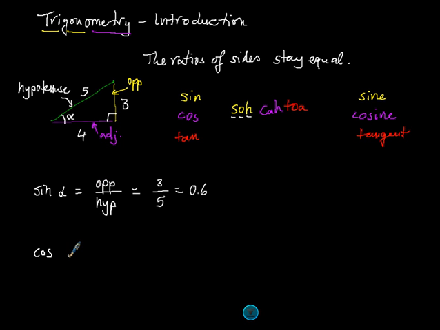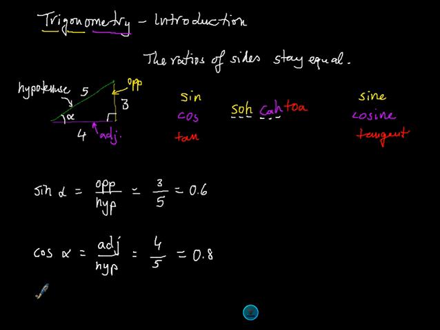Similarly, I have the cosine ratio. The cosine ratio is adjacent over hypotenuse. That's where these letters come from. Adjacent over hypotenuse for the cosine. And now I need to go and find these. The adjacent is 4 and the hypotenuse is 5. 4 divided by 5 is 0.8. That is my cosine ratio.